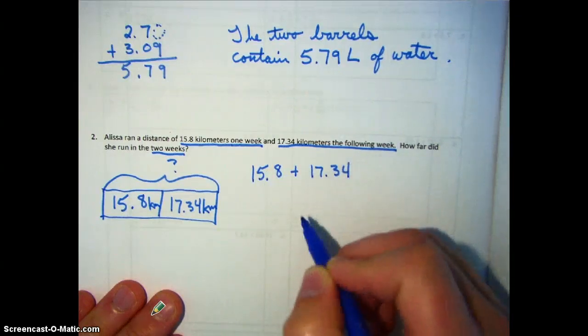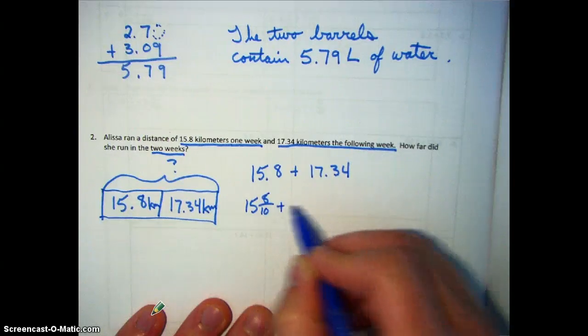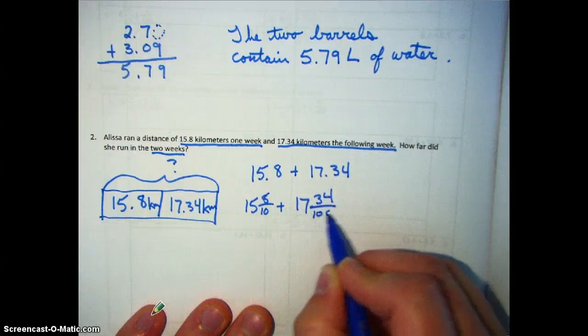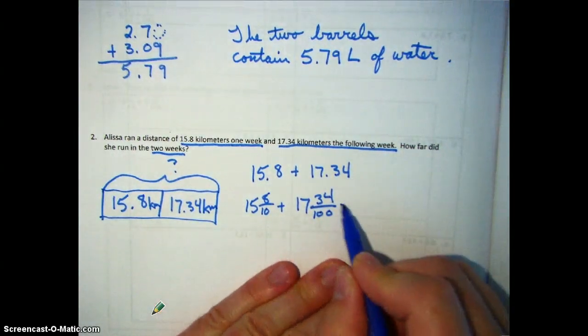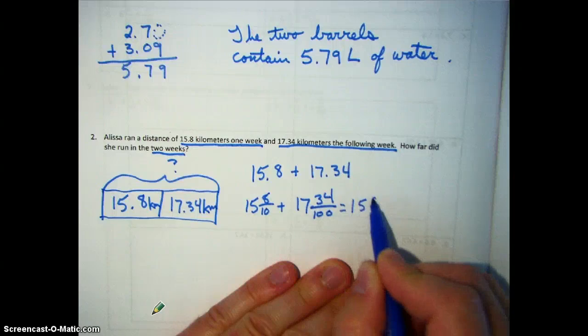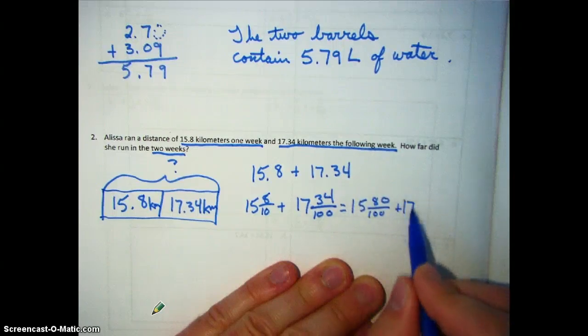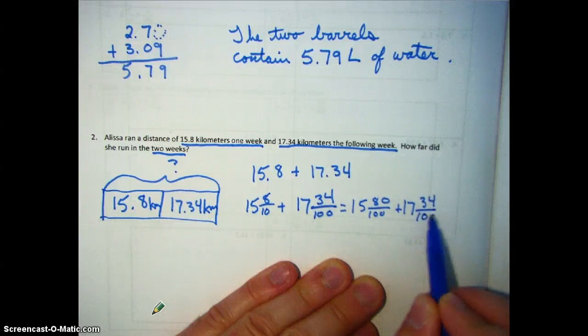Okay, we can write it as a decimal, and we can also write it as a fraction. So we're going to be solving this a couple different ways so that you can get in the practice of knowing what works best for you. Okay, good.